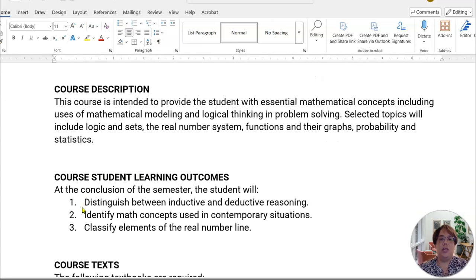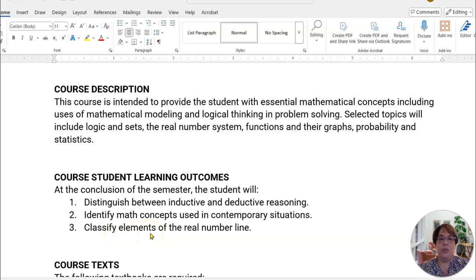So, the student learning outcomes: at the conclusion of the semester, you will distinguish between inductive and deductive reasoning. You will identify concepts that are used in contemporary situations, and you'll classify elements of the real number line.